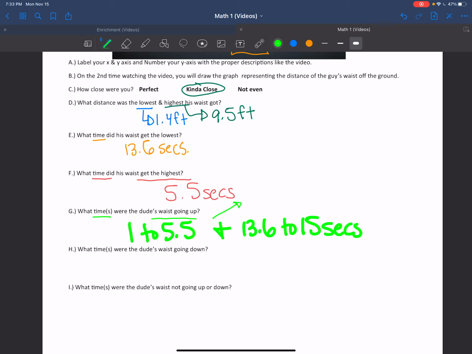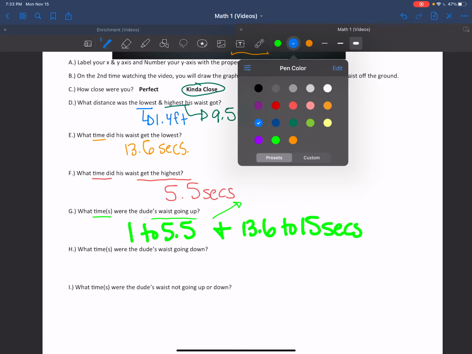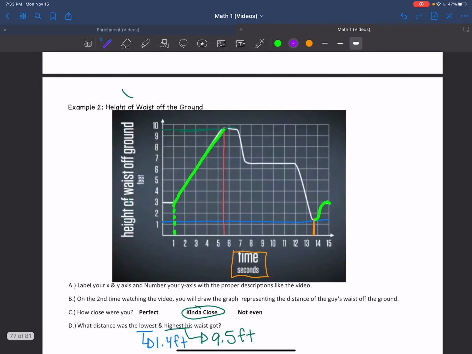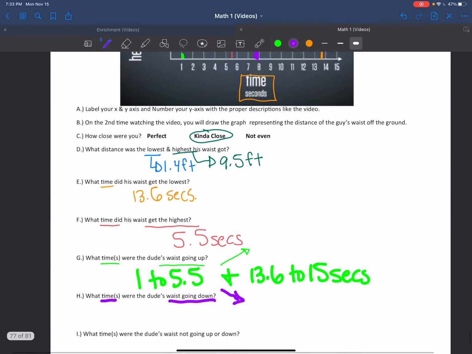All right. Next question we got is, what time was his waist going down? So when were we going downwards in our graph? Well, we're going downwards starting from here. This is in a down direction, and then it keeps going to about right here. If I drop down, that is about 7.6.